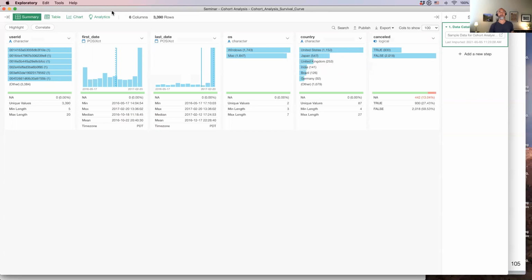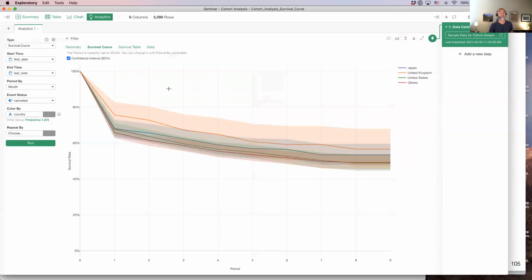So the bigger the sample size, the bigger the customers in this case, the shorter the confidence interval area gets. So that's what we are seeing. But when you look at the United Kingdom and the others, up to the second period or even the third period, there seems to be a significant difference. So we can conclude United Kingdom survival is pretty good compared to others.